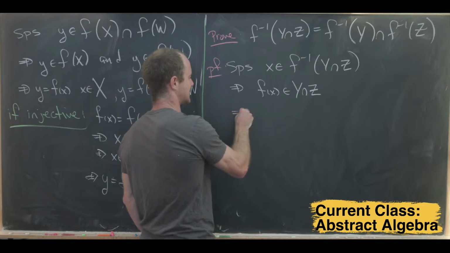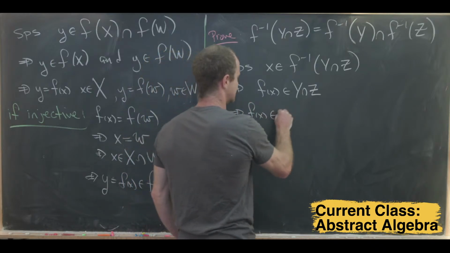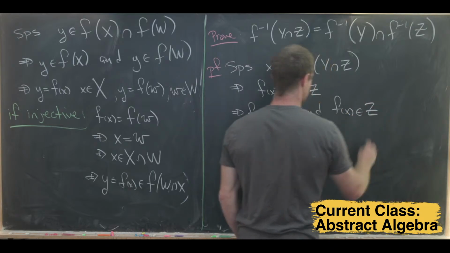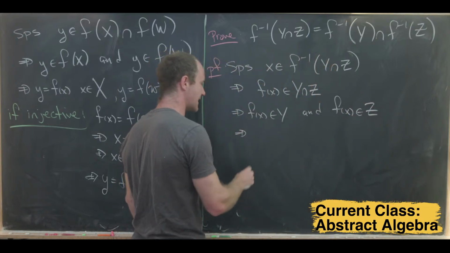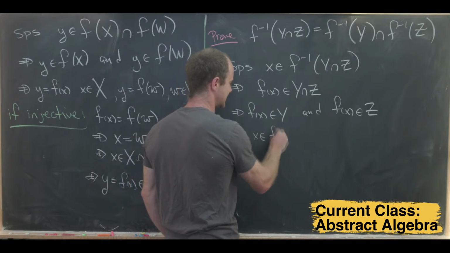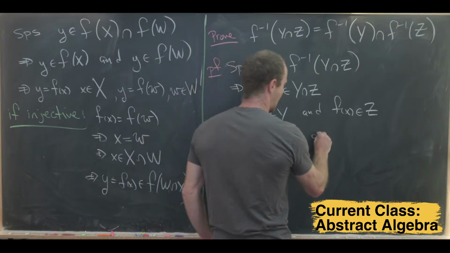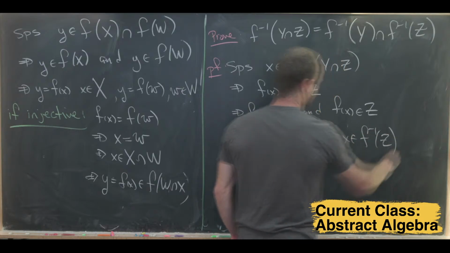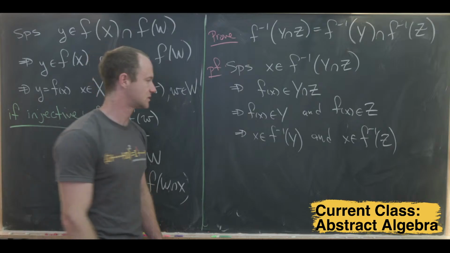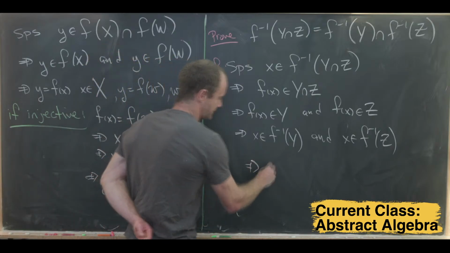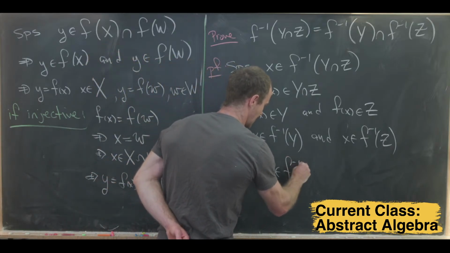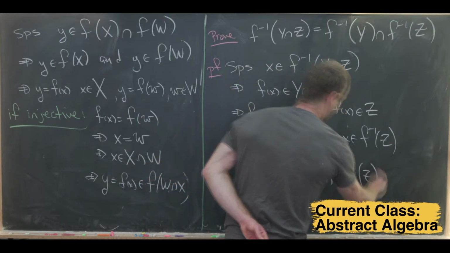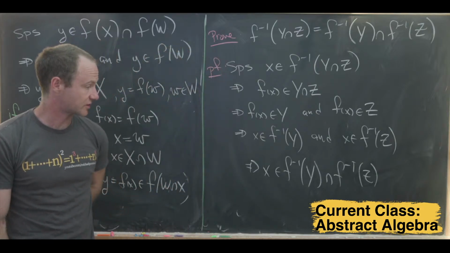But that tells us that f of x is in y and f of x is in z. But then, again, using the definition of pre-image, that means x is in f inverse of y and x is in f inverse of z. But that means that x is in f inverse y intersect f inverse z by the definition of the intersection.